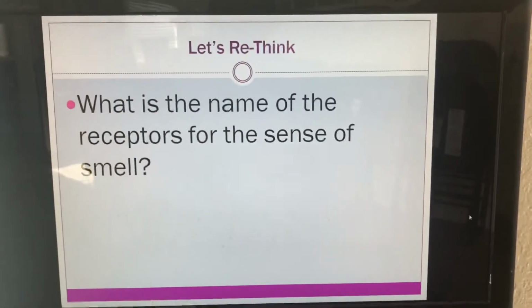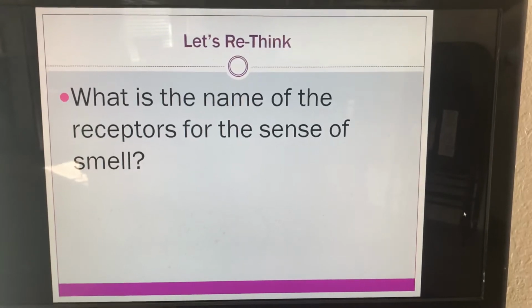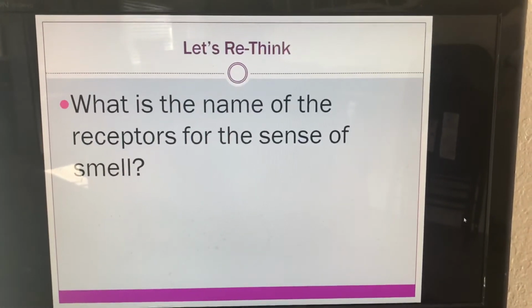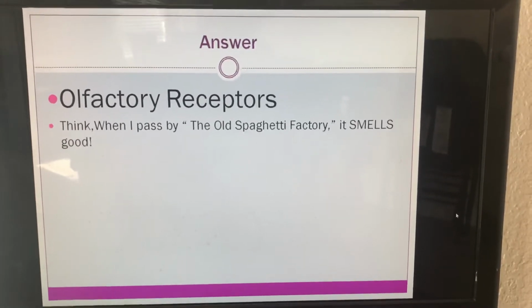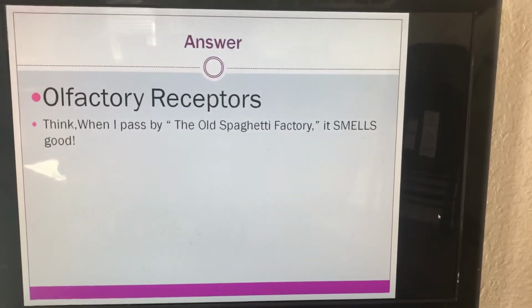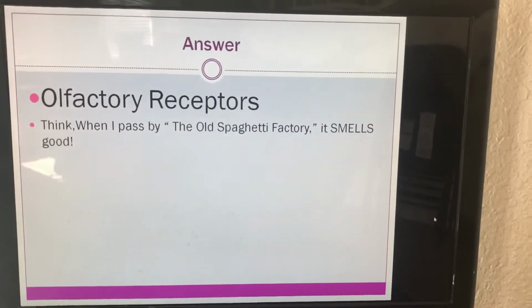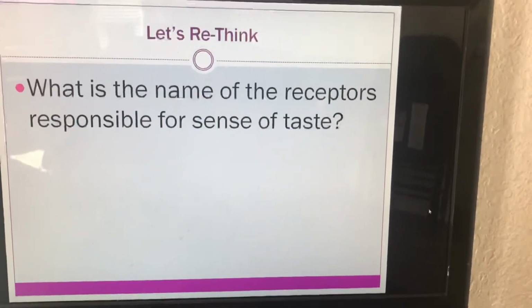So let's rethink. What is the name of the receptors for the sense of smell? Olfactory receptors. So I like to remember this by thinking of when I pass by the old spaghetti factory, olfactory, it smells good. Let's rethink.